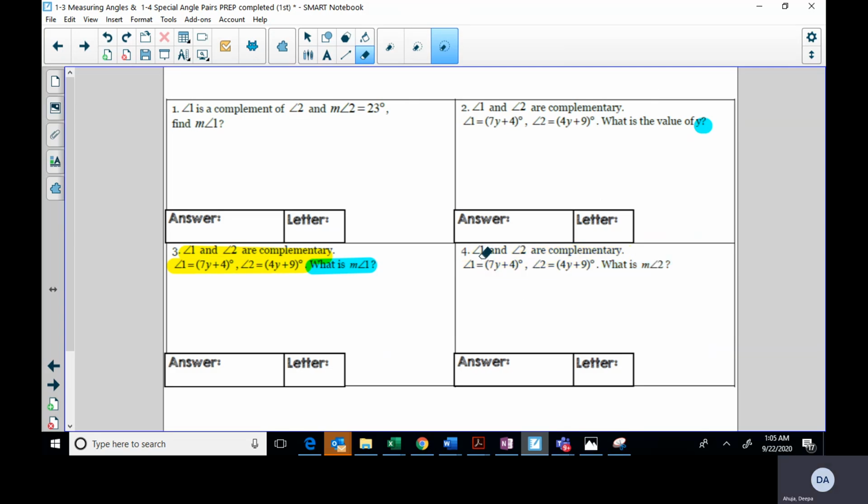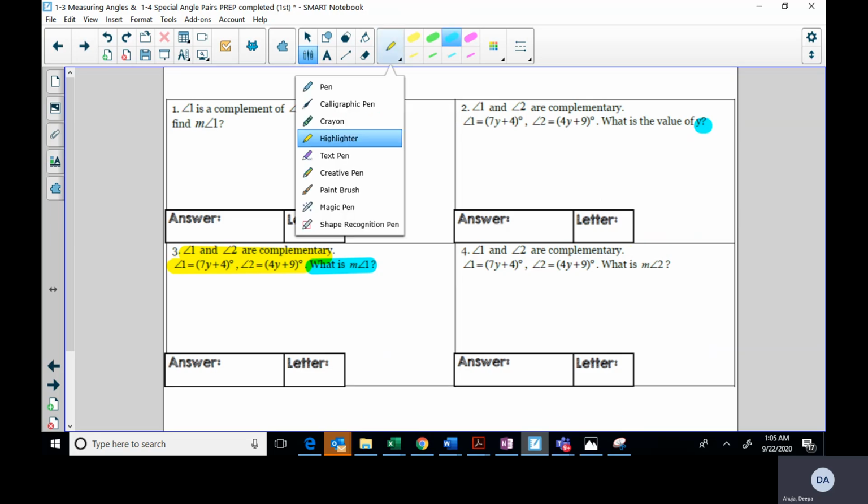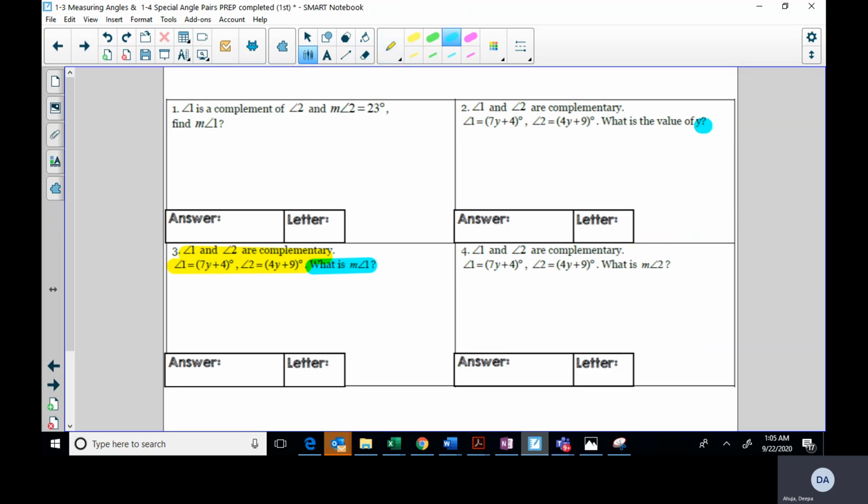If angle 1 and 2 are complementary, angle 1 is given to you as 7y plus 4, angle 2 is given as 4y plus 9. What is the measure of angle 1? How do you find it out? You will have to write an equation. Complementary means what? It means it equals 90 degrees.